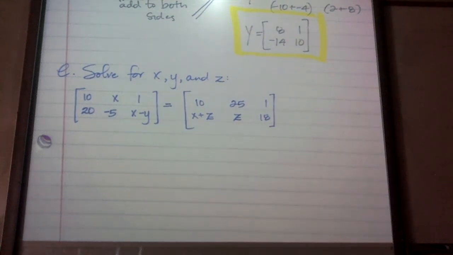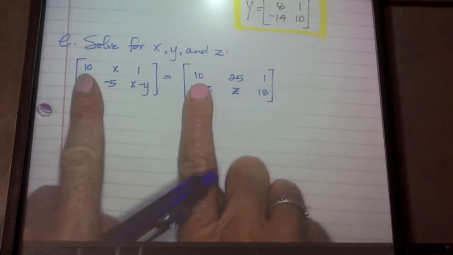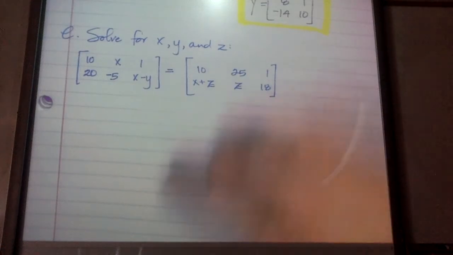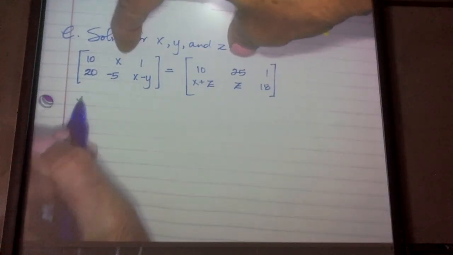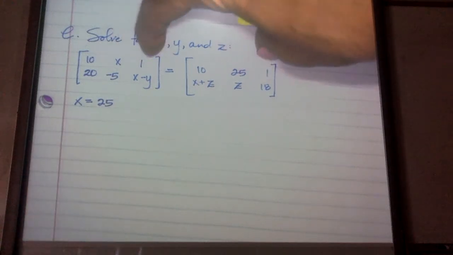Now, I know that the spots have to match. So notice, the top left and the top left are both 10. So if these really do equal, then I know that x must equal 25 because they're both in the top middle. These are both 1.